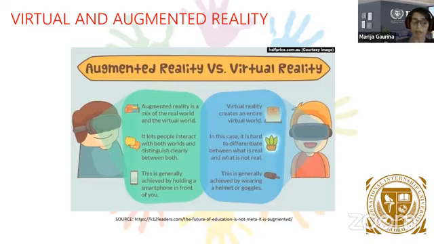VR typically involves wearing a headset that immerses the user in a 360 degrees world. So you don't know where you are in that virtual world, 360 degrees on every side. It can be used to simulate real world environments or create entirely new ones.